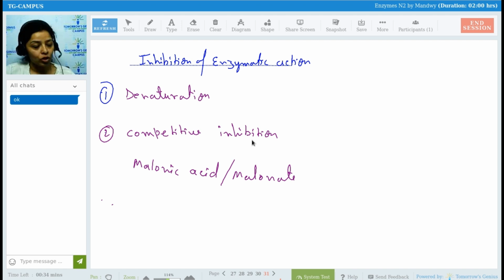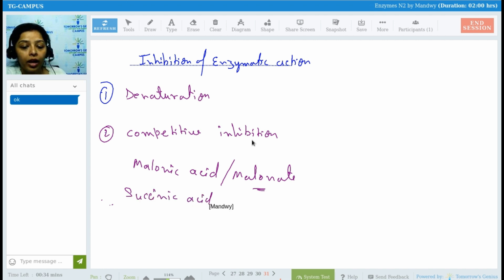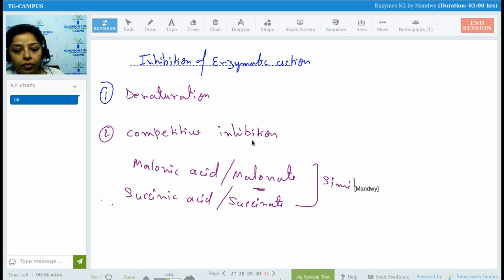For example, the actual reaction is that succinic acid is dehydrogenated to make fumaric acid, right? But the chemical configuration of succinic acid, or succinate, is similar to malonate. They have a similar configuration.